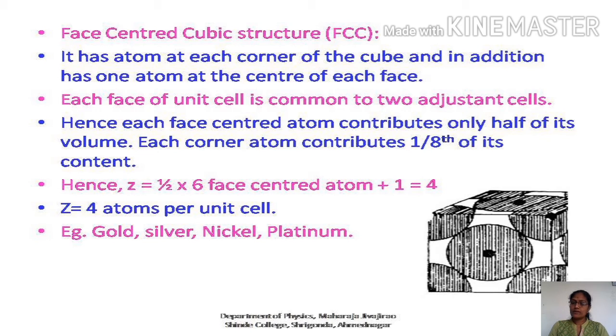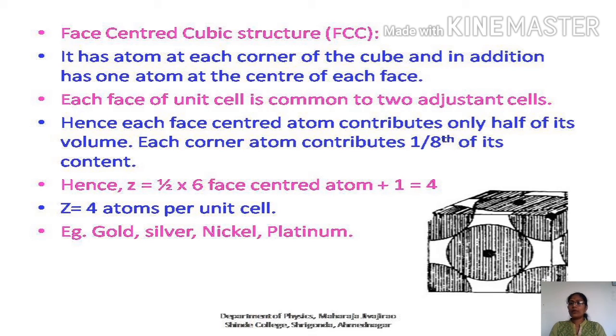In our previous slides, we have covered that the contribution due to the 8 corner atoms comes out as 1/8, as each corner atom is shared by 8 unit cells, and 8 such corner atoms are present. Therefore, the number of atoms contributed by the corner atoms is 1.